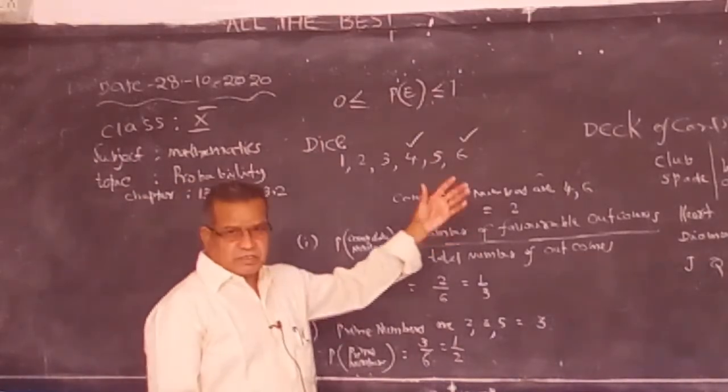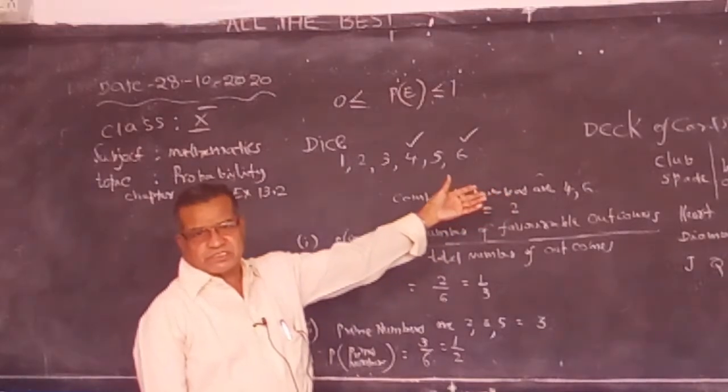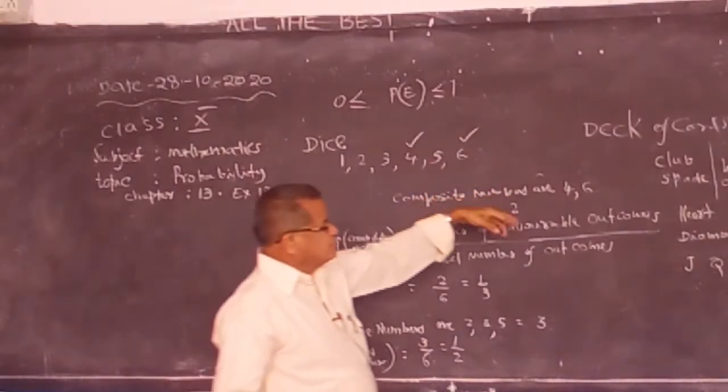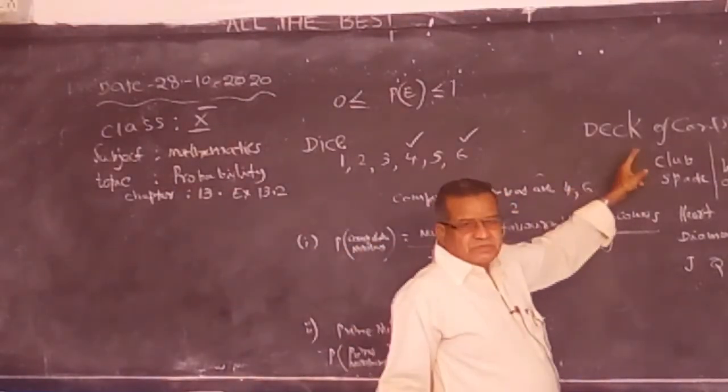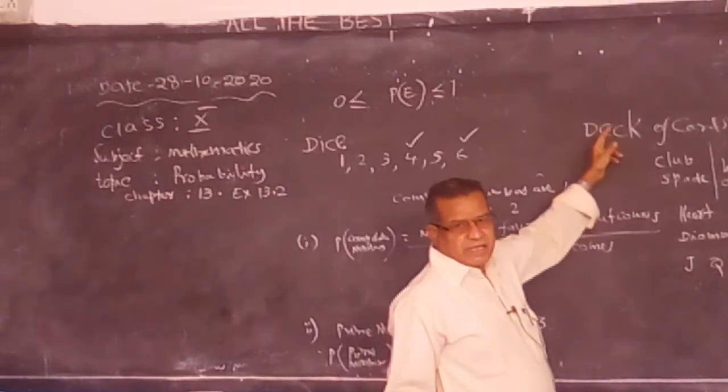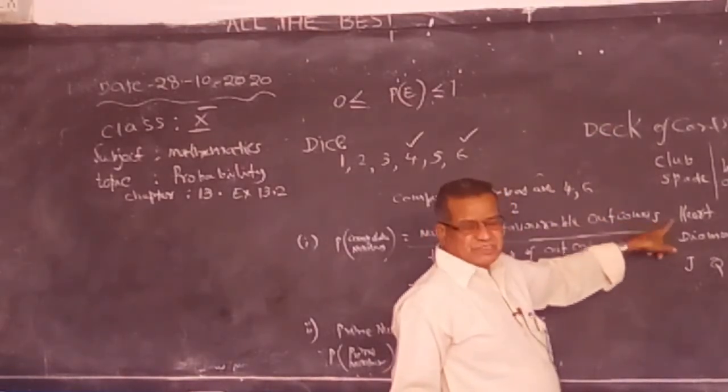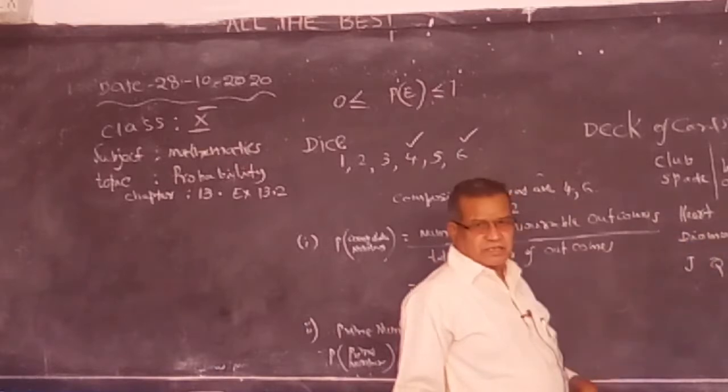First, what are the types of cards? The types of cards are club and spade, which are black, and heart and diamond, which are red.